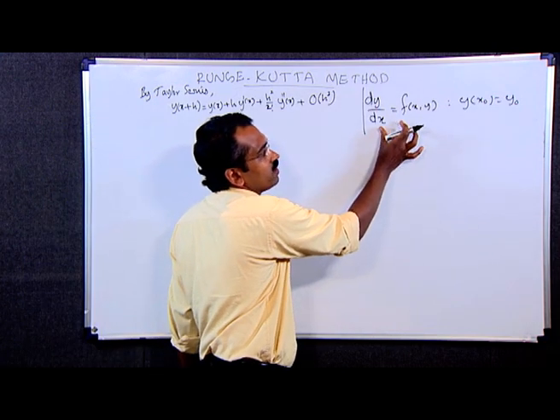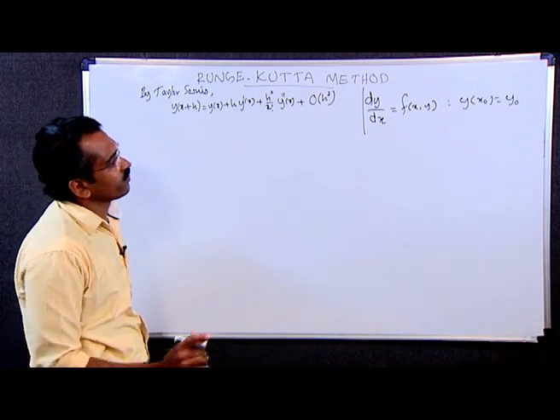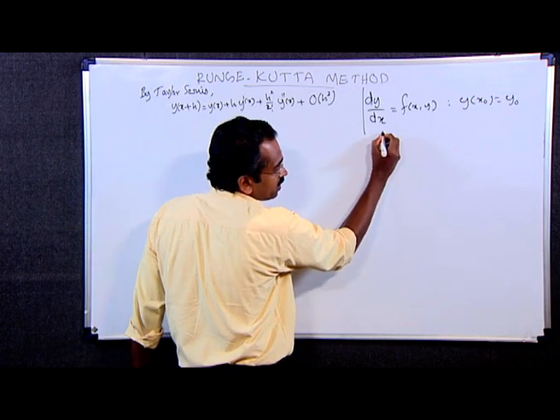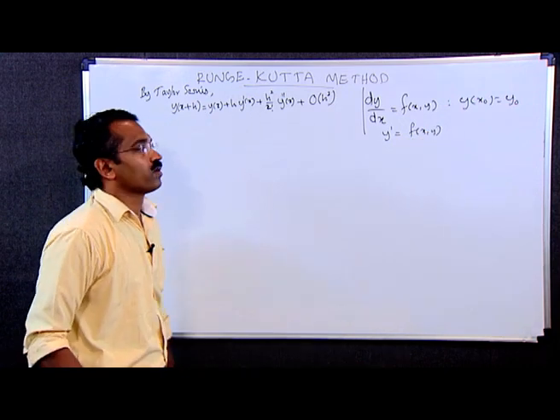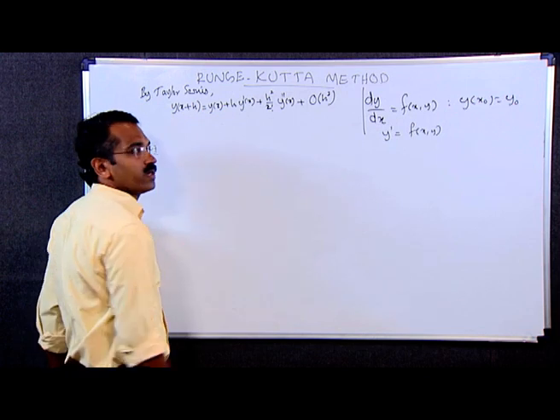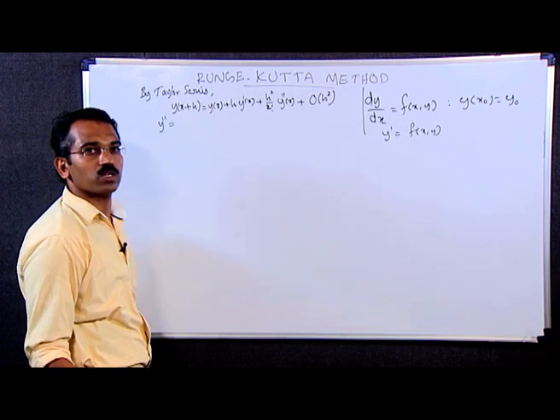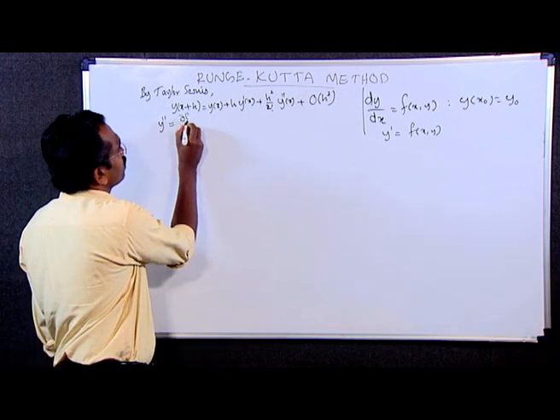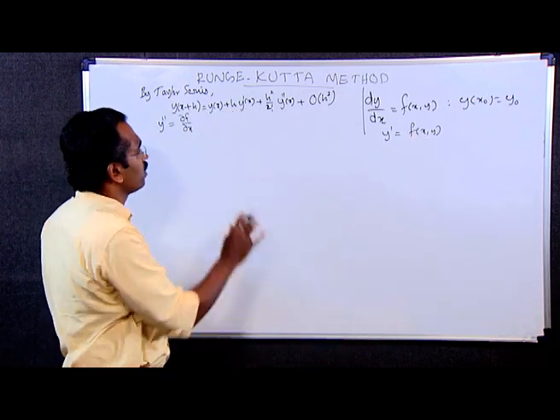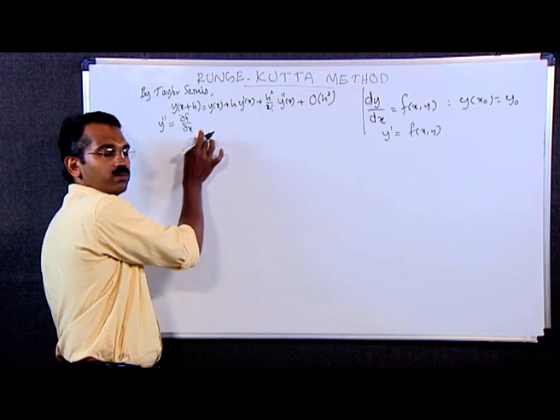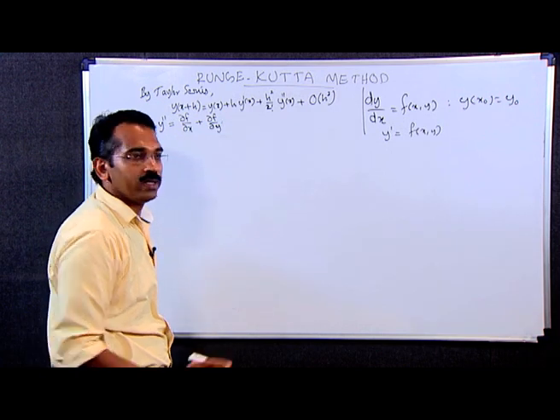Now, we differentiate this differential equation with respect to x. The equation can be written as y dash is equal to f of x y. Differentiating with respect to x, we get y double dash is equal to dou f by dou x plus dou f by dou y into dy by dx, since the right hand side is a function of x and y.